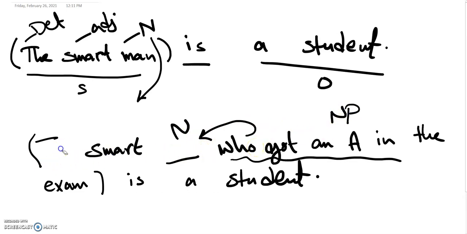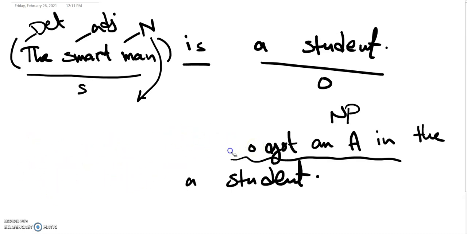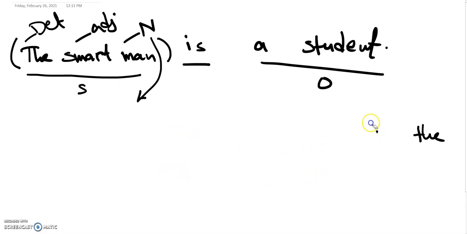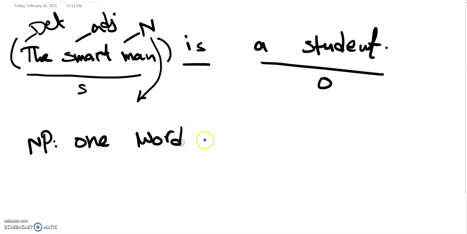So by the end, we can give the noun phrase a similar definition to the phrase. That is, a noun phrase is one word, like John at the beginning of our examples, or more. So one word or more, like when we have the smart man or the smart man who's blah blah.